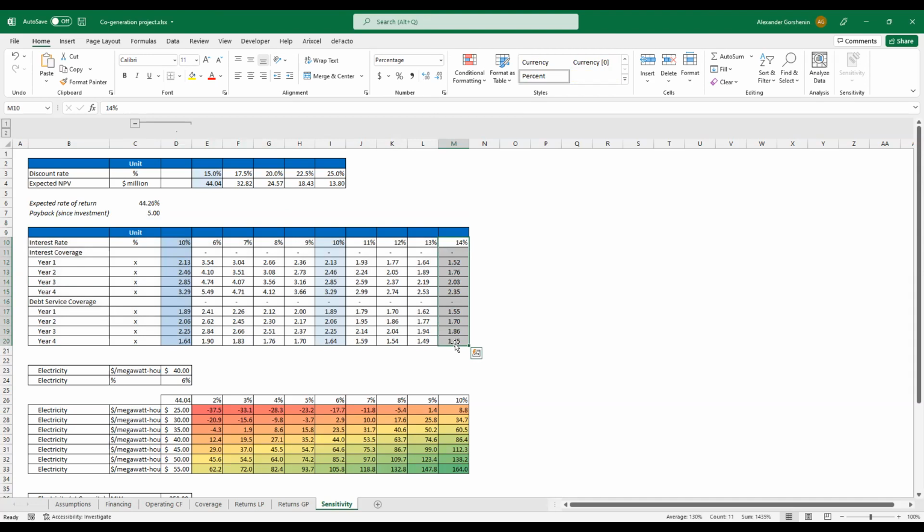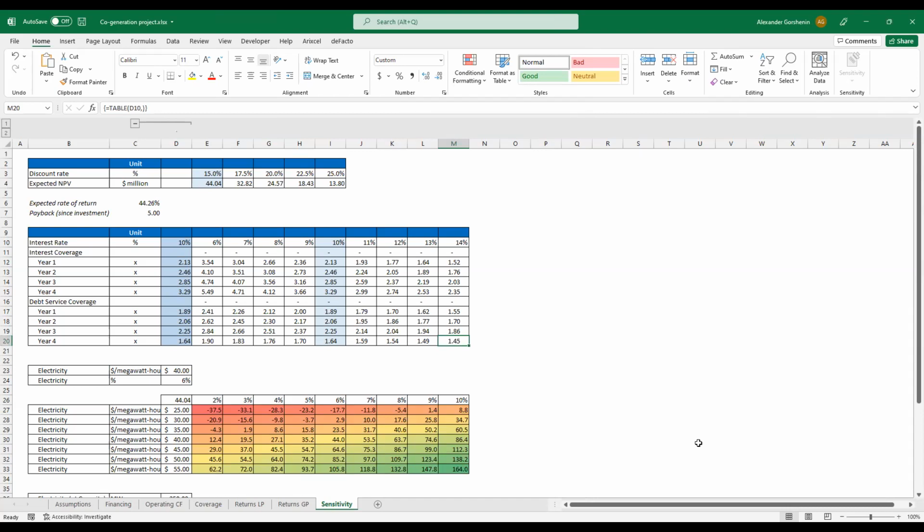The interest coverage ratio during the first 4 years never falls below 1.25, so that's the minimum here. And the debt service coverage ratio during the same period never falls below 1.45. You can see here that the cogeneration project appears financially feasible when financed on the basis contemplated, even if the interest cost of project debt should rise to 14%.